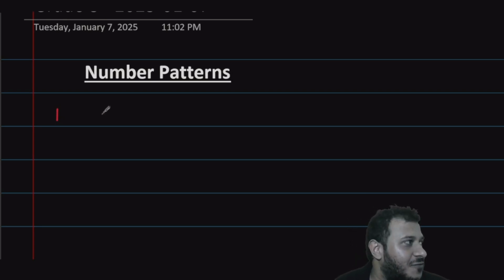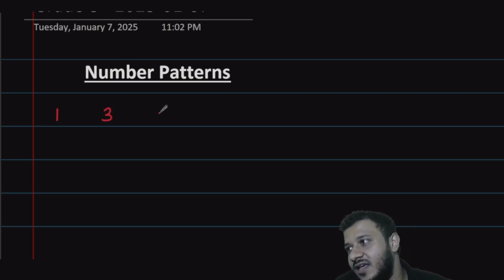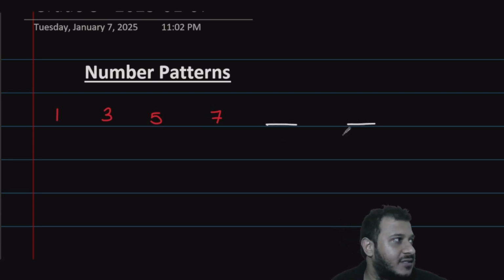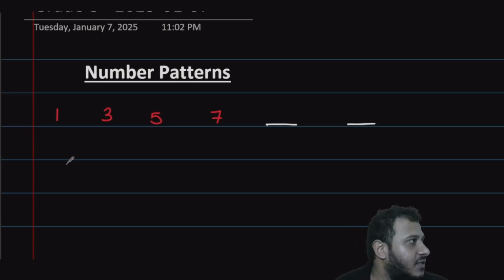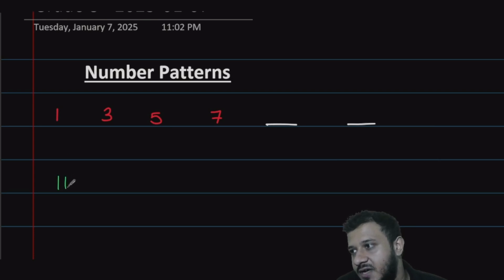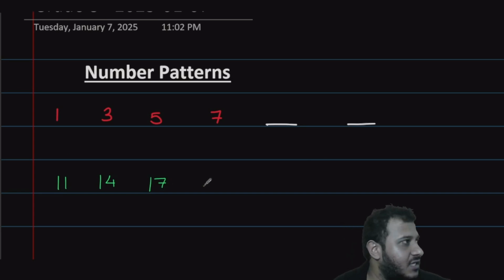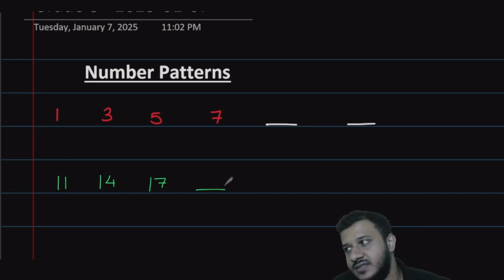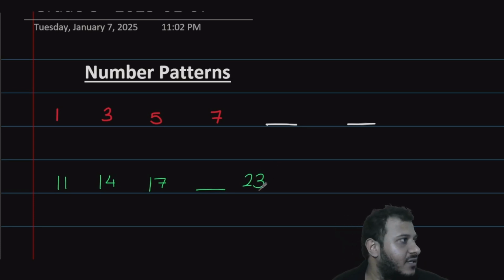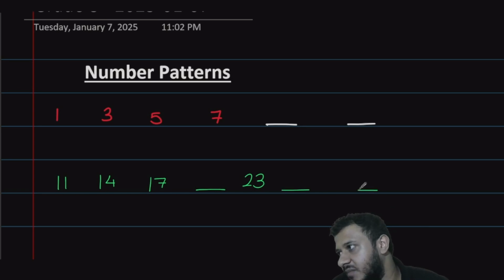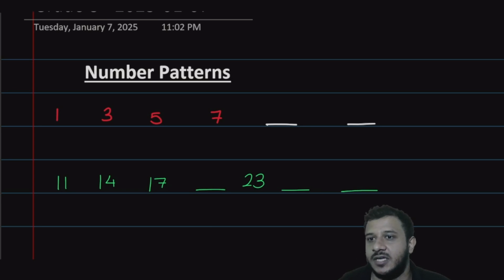So the first one is 1, 3, 5, 7, then blank, blank. Then the next one is 11, 14, 17, blank, 23, blank, blank.